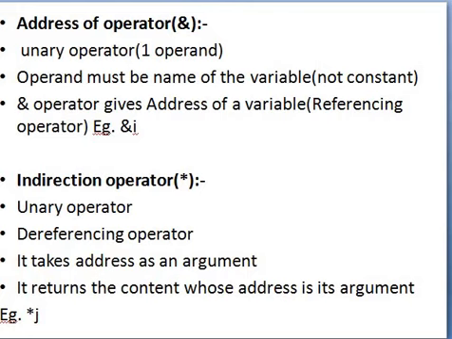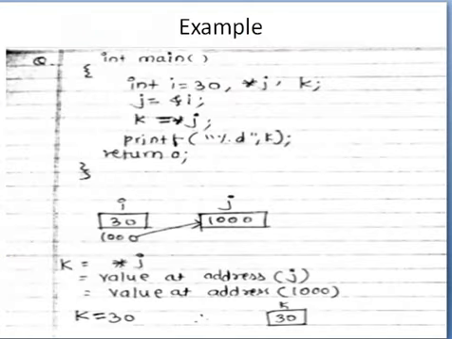Next, we will see an example of a pointer in C. In the main function, three variables are there: integer i is equal to 30, star j, and k. i is an ordinary variable which contains the value 30.